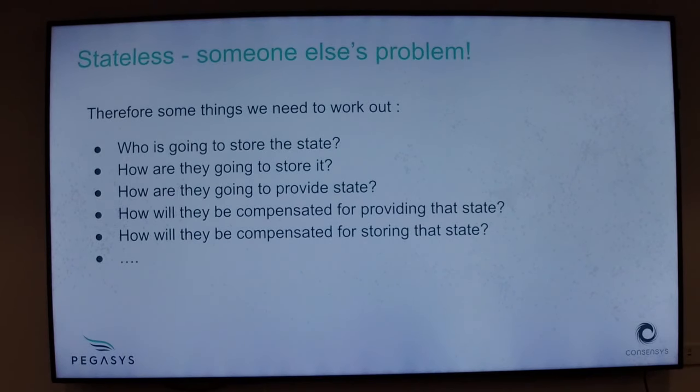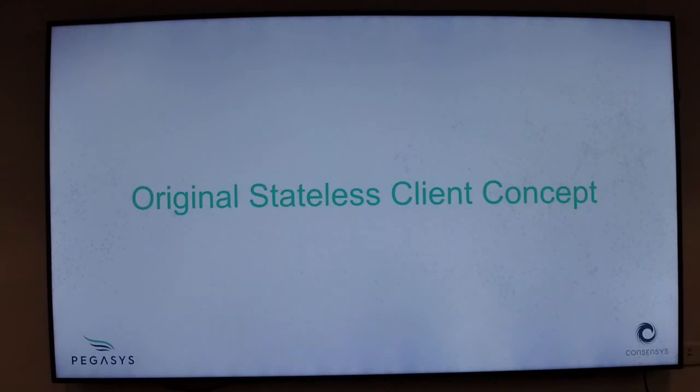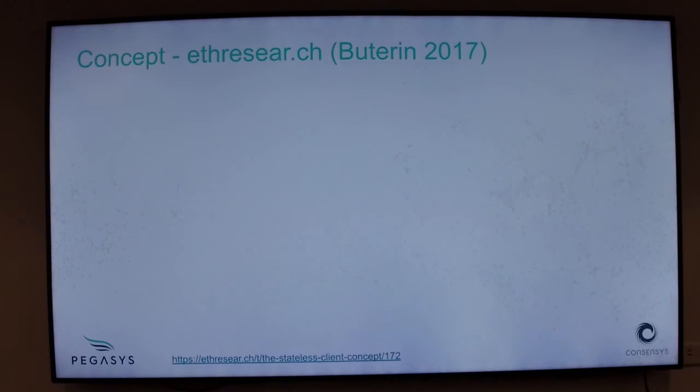Those are all really interesting problems that are still being discussed now. The thing I found fascinating in looking into Stateless Ethereum is that a lot of these original questions are still on the table, still being discussed. There are quite a few proposals now that are getting traction, but a lot of those questions still remain.